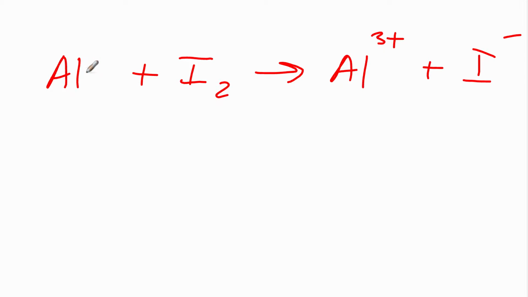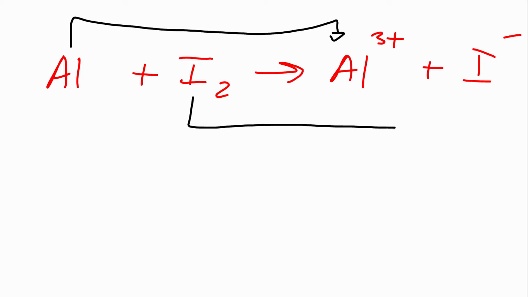If I react aluminum with iodine in a redox reaction where there's an exchange of electrons, typically aluminum is going to form aluminum ions. And if it's reacting with iodine, then probably there's going to be some gaining of electrons in order to form an ion over there. So this is sort of what I'm starting with.